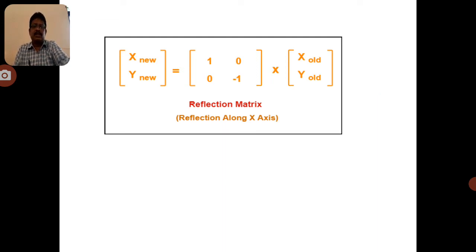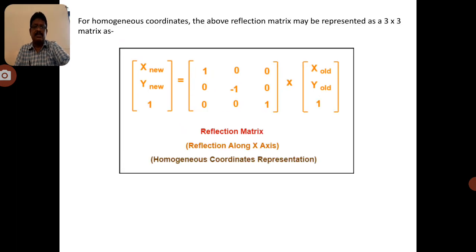For reflection on the x-axis, x new and y new equal the matrix 1 0, 0 minus 1, multiplied by x old and y old. We put the minus 1 because the y value takes the negative sign after reflection. This is the reflection matrix after applying the reflection on the x-axis.